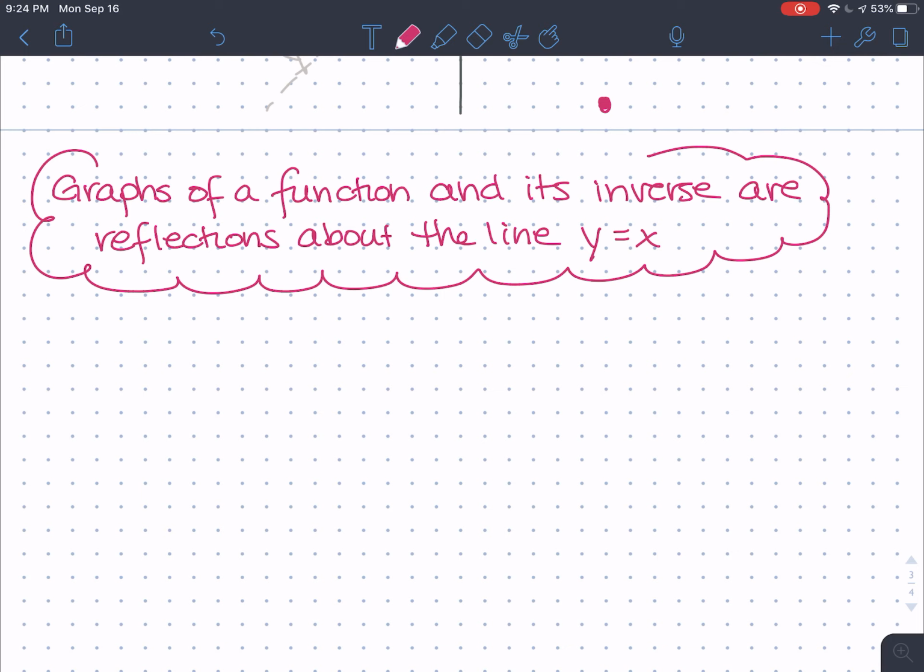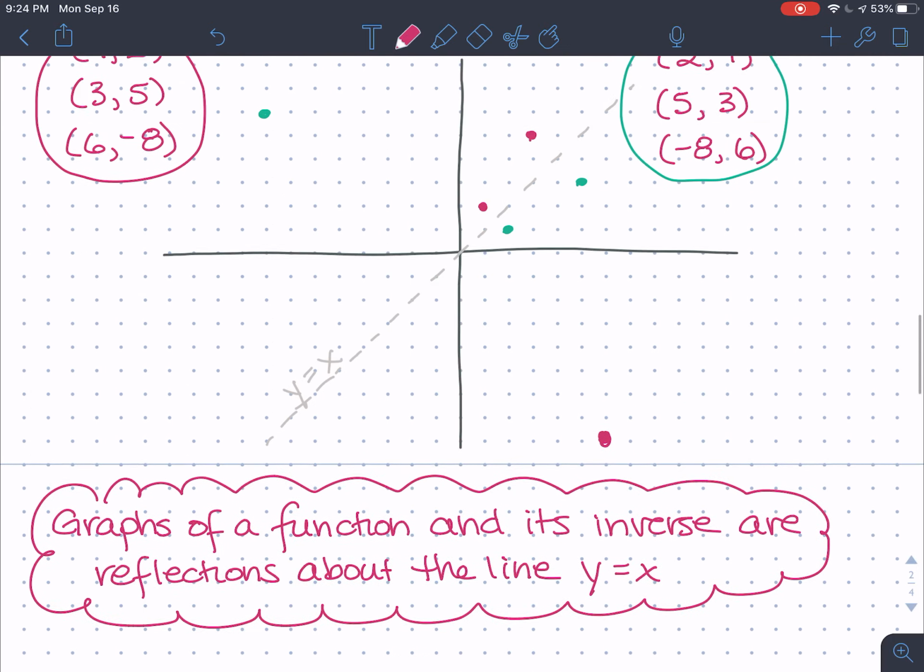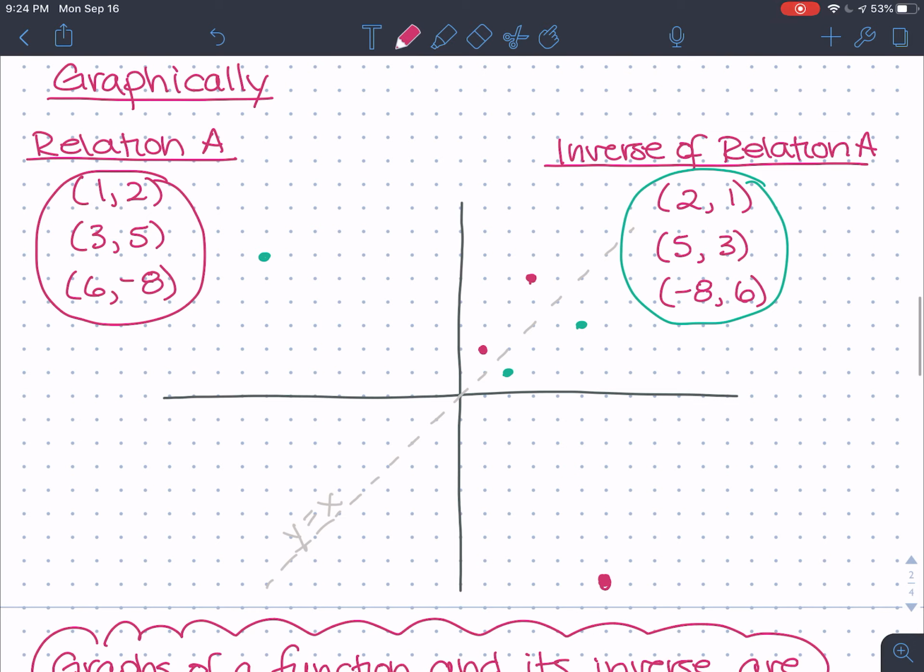So when you're finding inverses graphically, it just kind of depends on the person. Some people think numbers and algebra are stronger than geometry. It depends how much of a visual person you are.